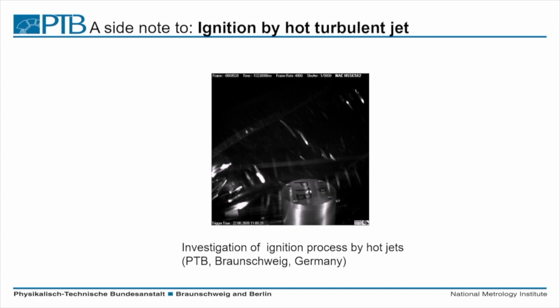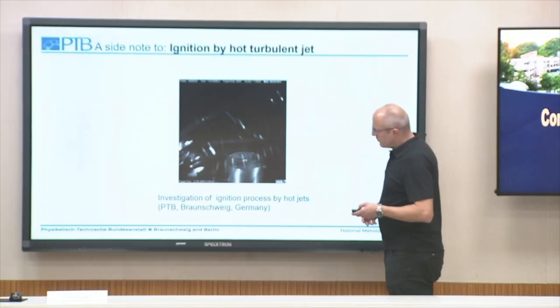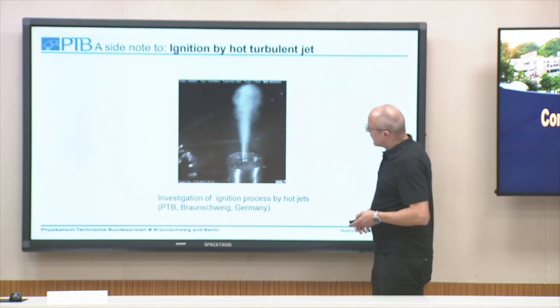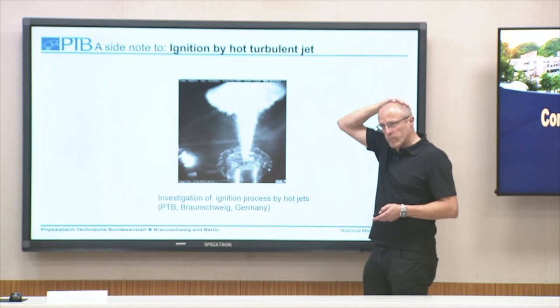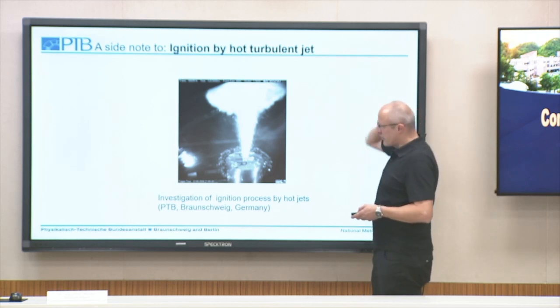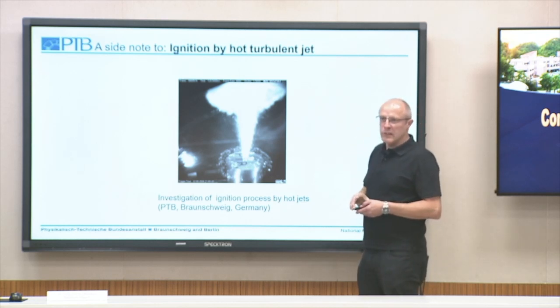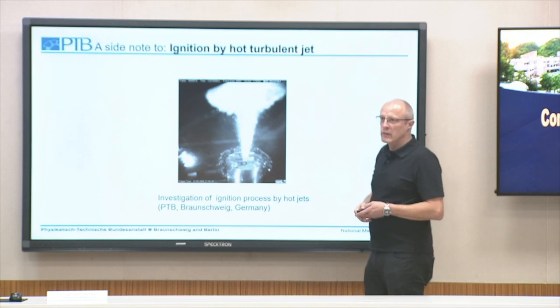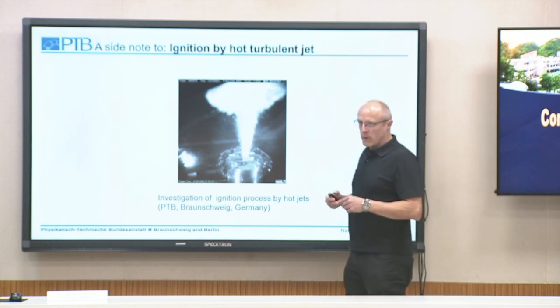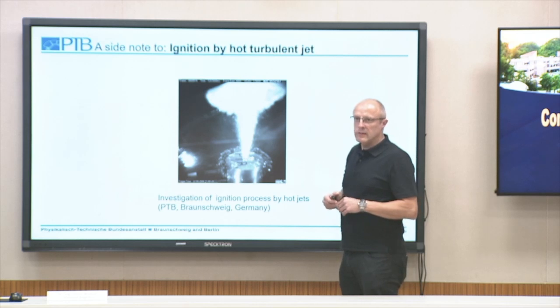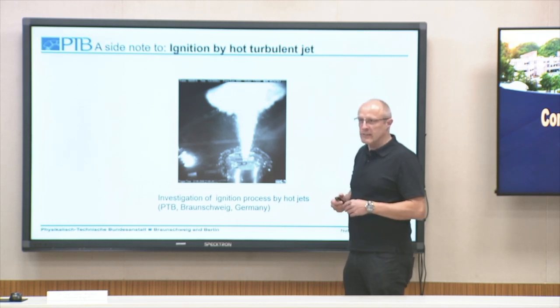I want to continue now with ignition by a hot turbulent flow, and I will try to hurry up. Here we have an example of turbulent hot jet ignition, which is also a concept for combustion engines. The Formula One engines now have only 4 cylinders and so on, but they are still very fast.